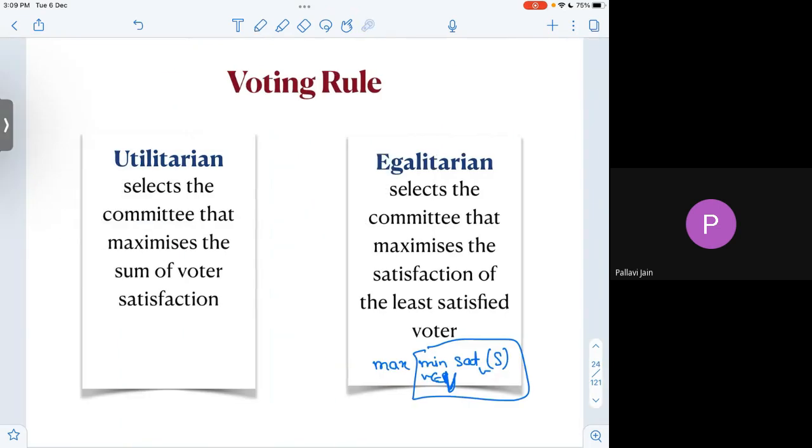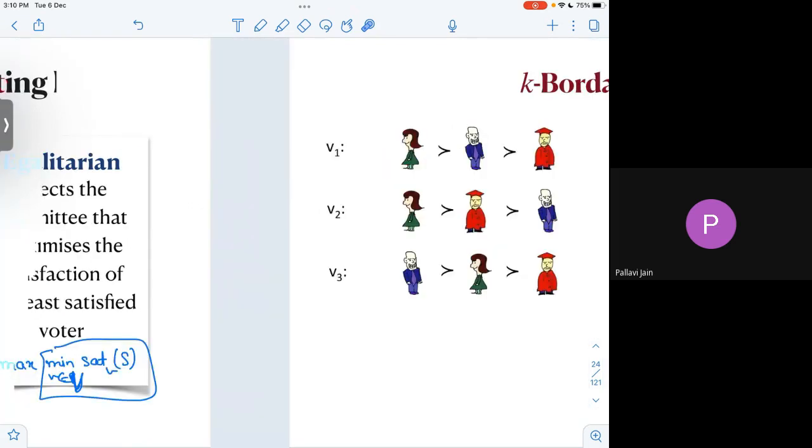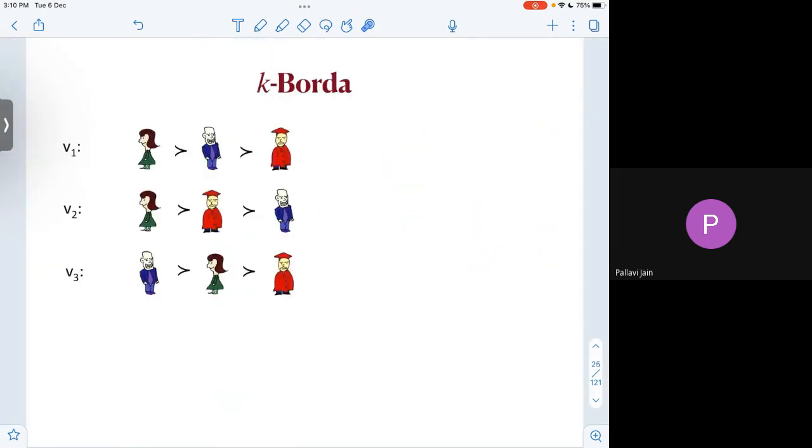But in this talk, we will focus on utilitarian type of rules. The first rule may sound familiar to you, but I am giving the generalized version of it: K-Borda. How many of you know this rule? Borda, I told you, right?